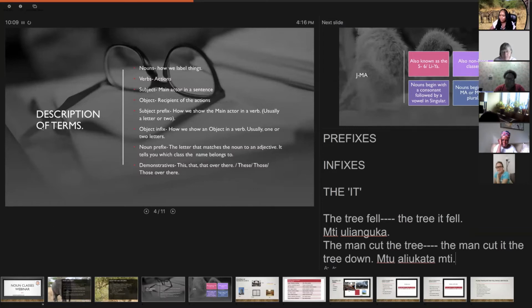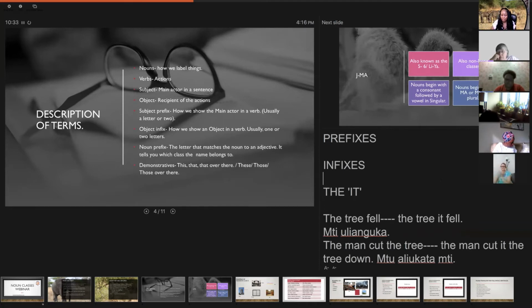So this tree here, this u here, that's what that infix is. So it's simply a way to represent the subject in a verb and then object in a verb. English doesn't do that, but Swahili, we need those little letters to capture who is doing what within a verb.